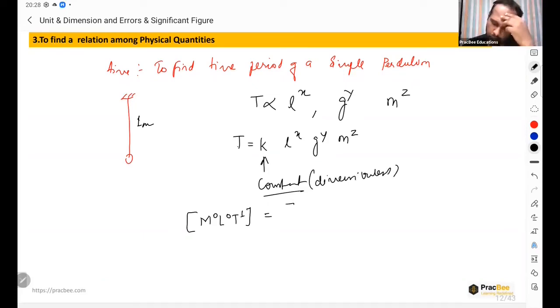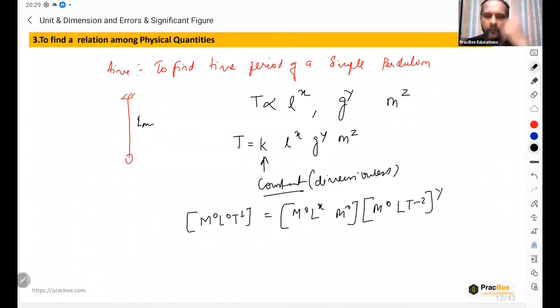Now the dimension of L is M^0 L^x T^0, the dimension of G is (M^0 L T^-2)^y, and the dimension of mass M is (M L^0 T^0)^z.